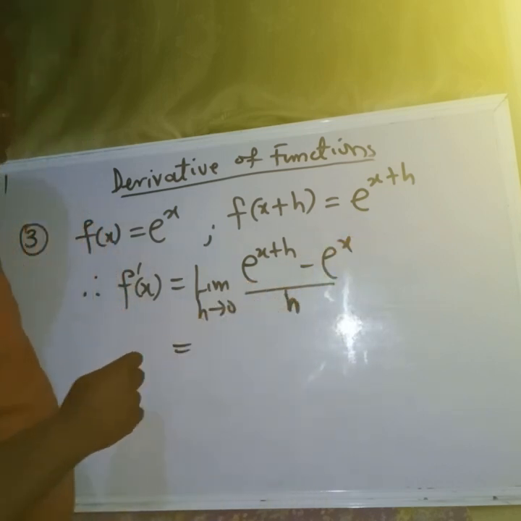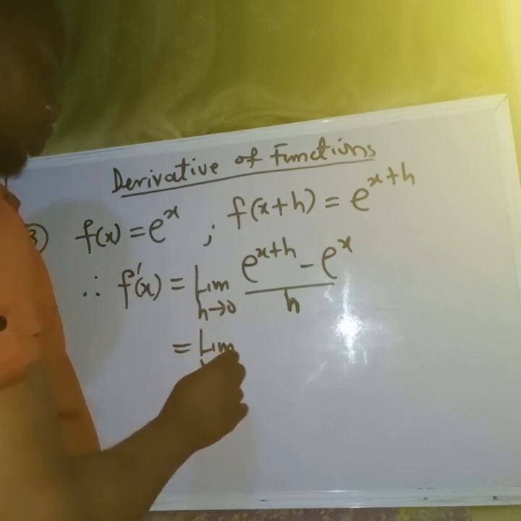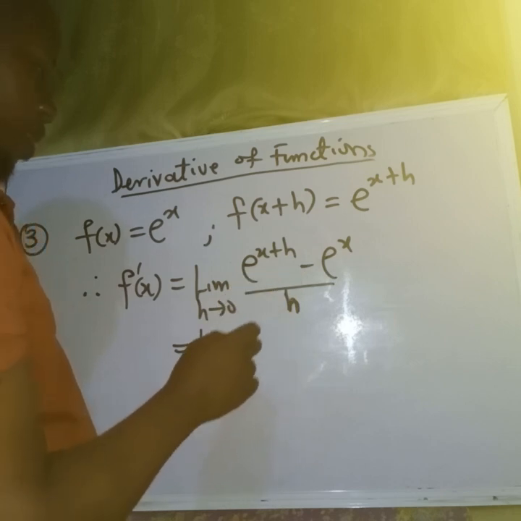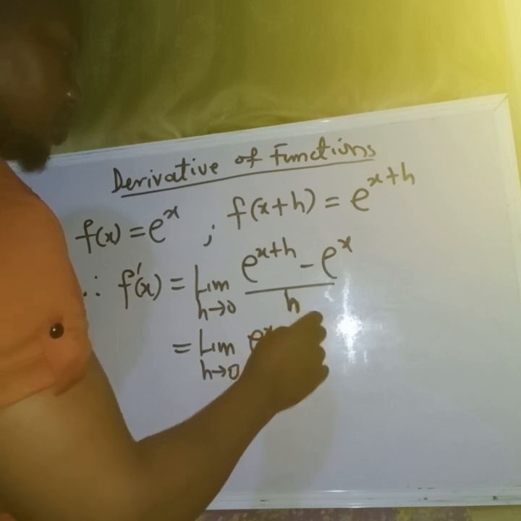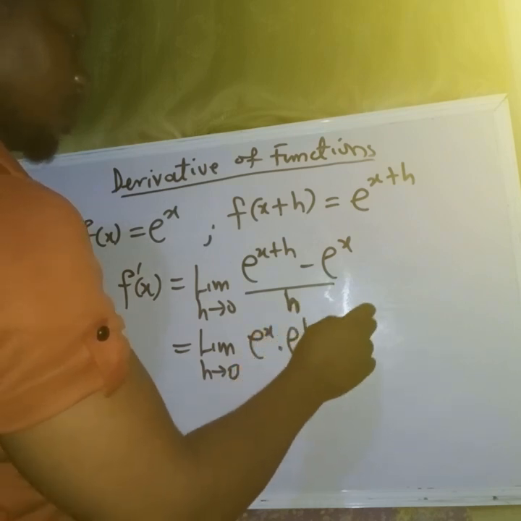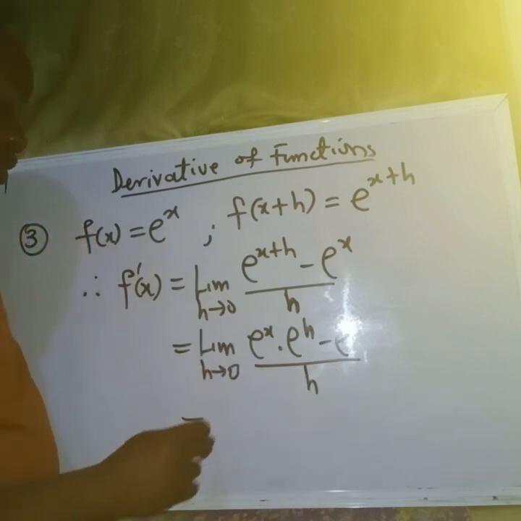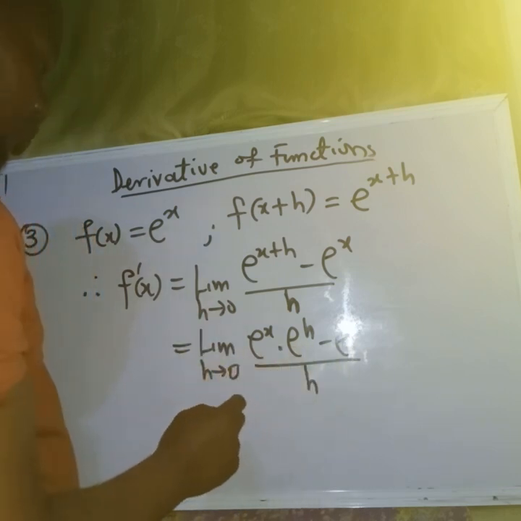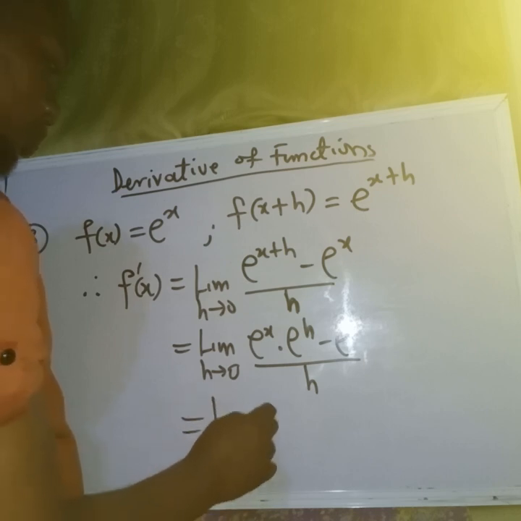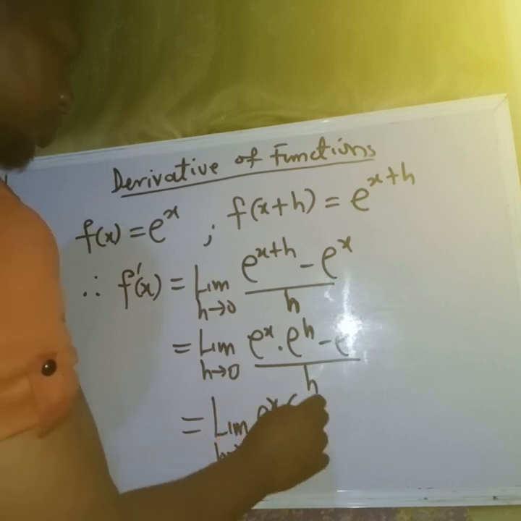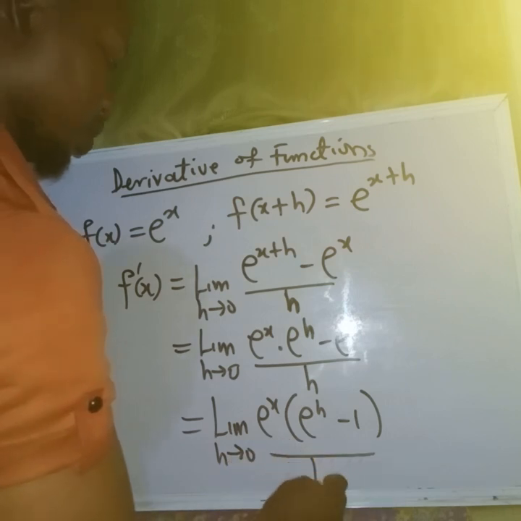Again, if you apply the law of indices to this exponential, this will be exponential x dot exponential h, minus exponential x, over h. Exponential x is common, so that can be factored out. So we have exponential h minus 1 all over h.